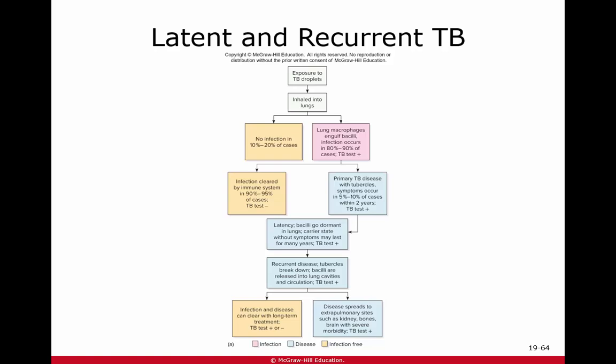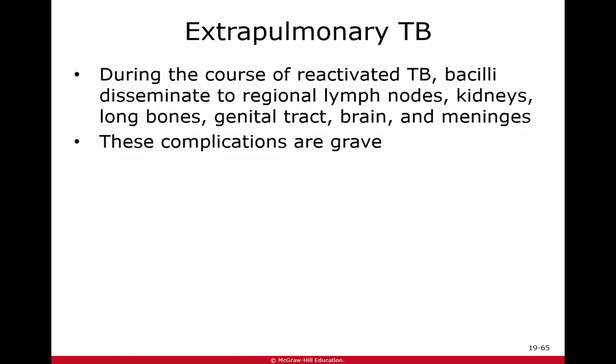So again, this is a nice little flow chart to try to show you if you're exposed and it's inhaled into the lungs, what path it can take, and whether you're TB positive or negative. Extrapulmonary is just that, extra, outside of the lungs.